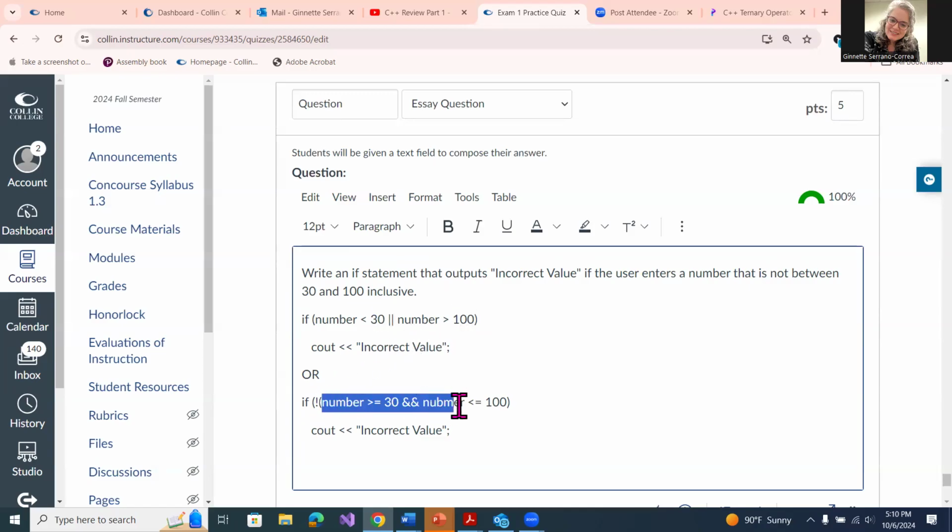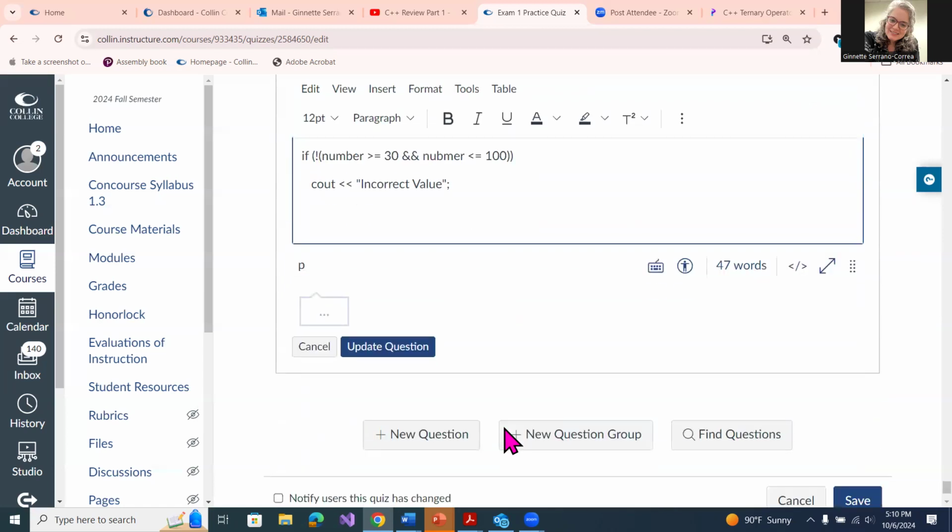Here we put what's correct, which is something between 30 and 100. So I put that in the parentheses and then I put a not on the outside. If it's not between 30 and 100, then it's incorrect. You could do it like this, or like that. Those are your only two options. All it says is to output if incorrect. It doesn't say to output the word correct, so don't do that if it doesn't say to do that.